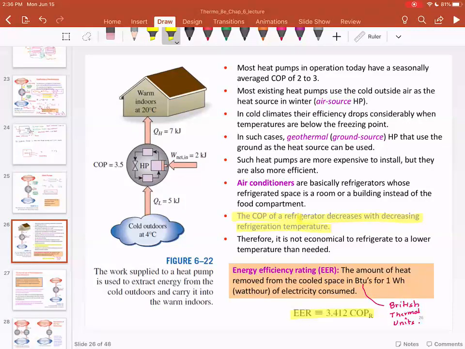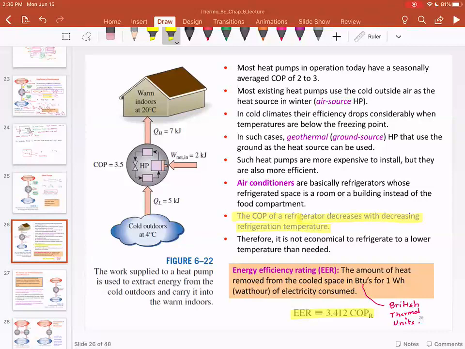Most heat pumps usually have a coefficient of performance between 2 and 3. As heat pumps or refrigerators get older, the losses increase and the coefficient of performance decreases.